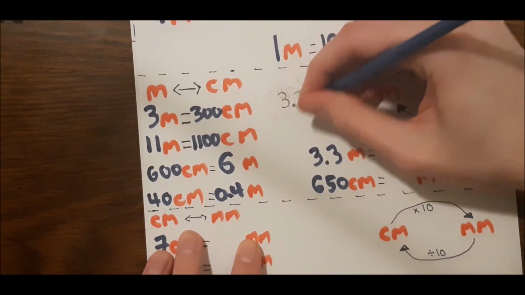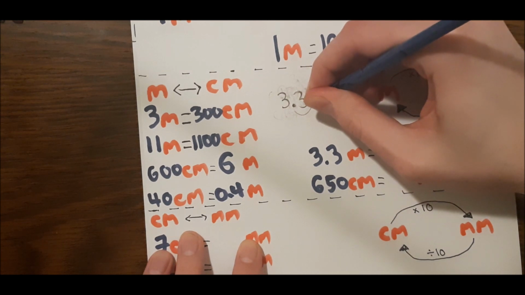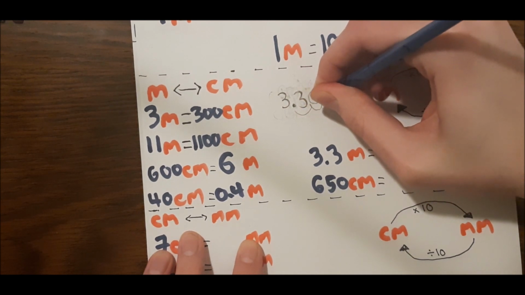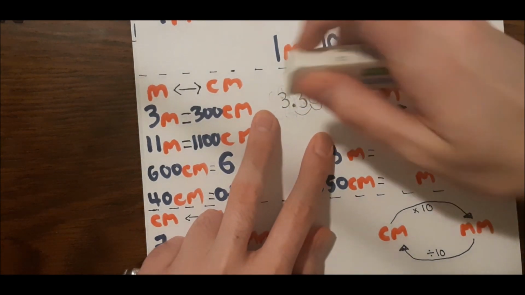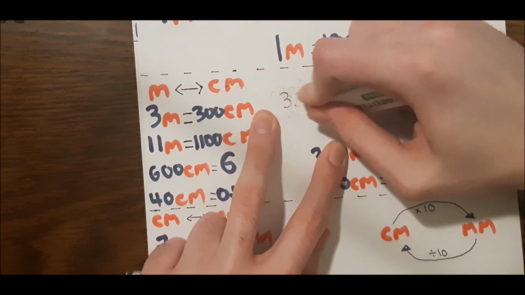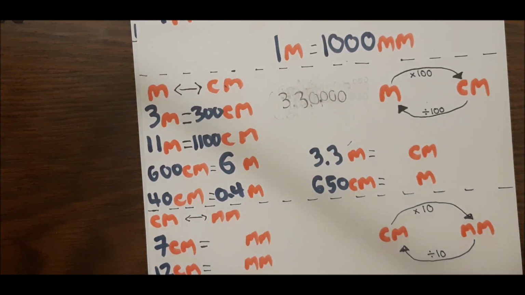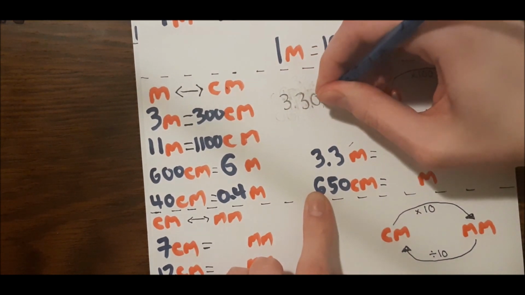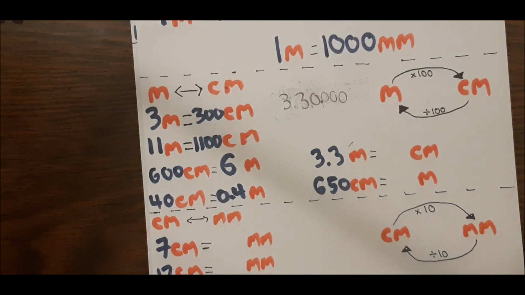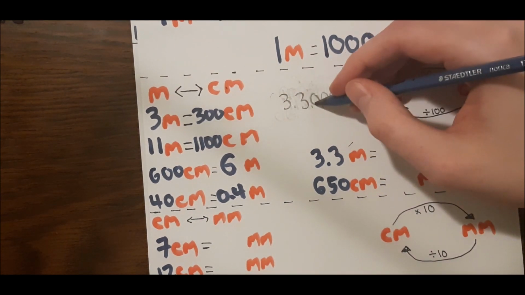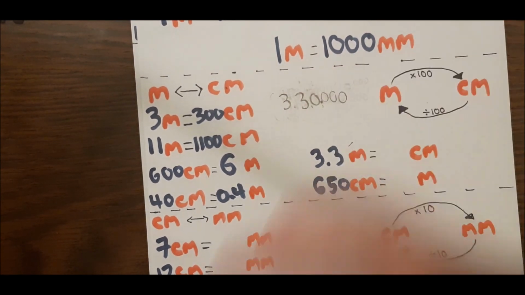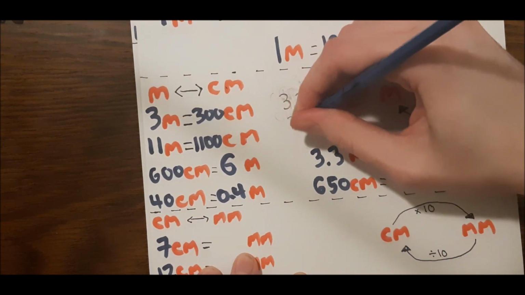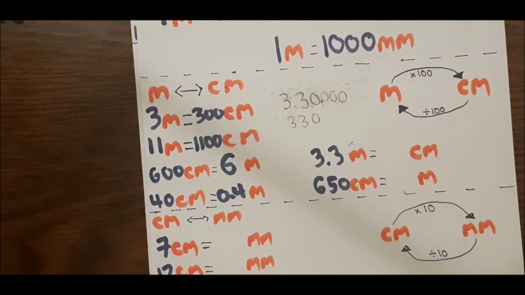So we take this decimal, we move it 1 spot, we move it another spot, and it goes right in there. Get rid of the first one. There we go. And now we've got 3, 3, decimal. So this is 330.0000, whatever, or the same as 330.